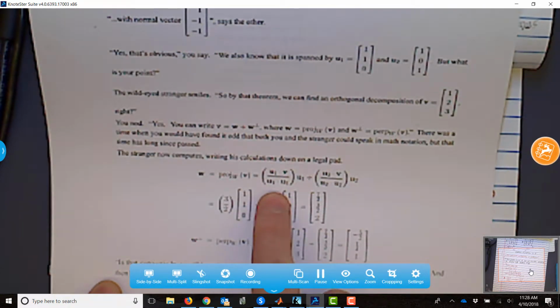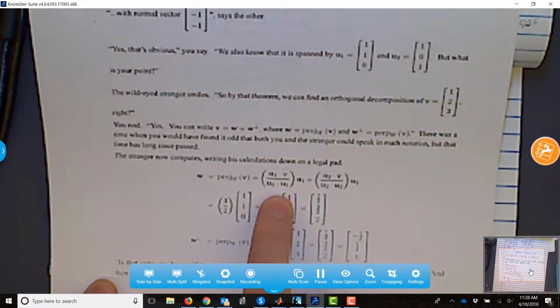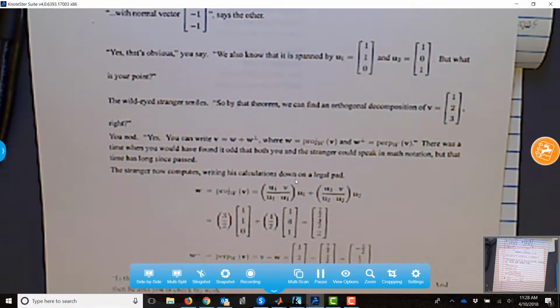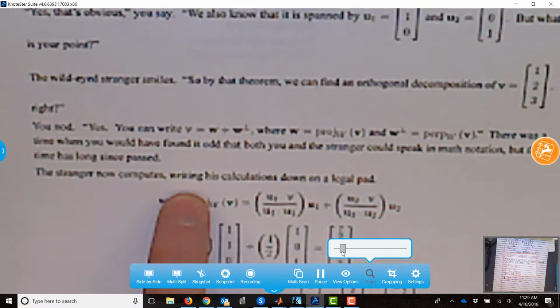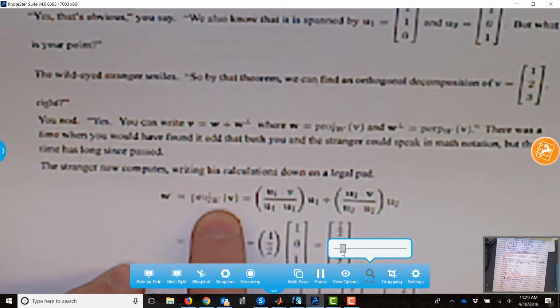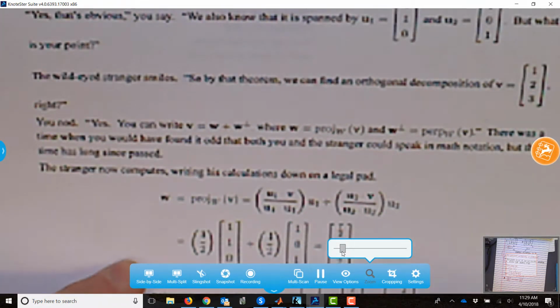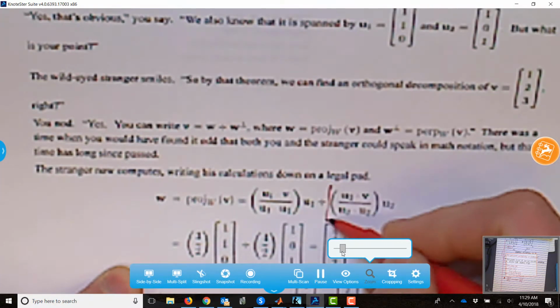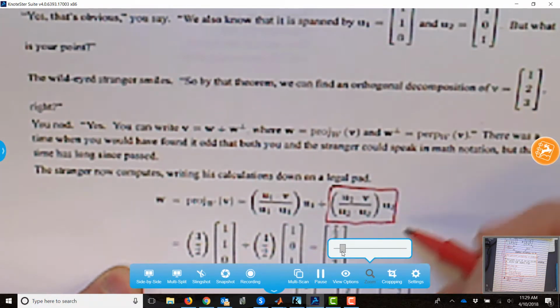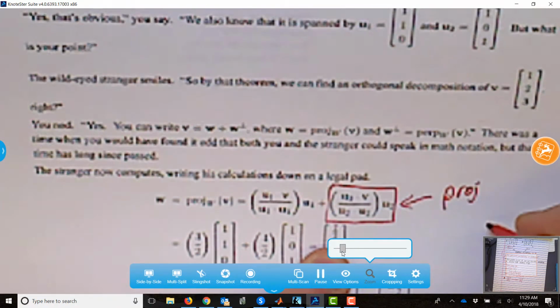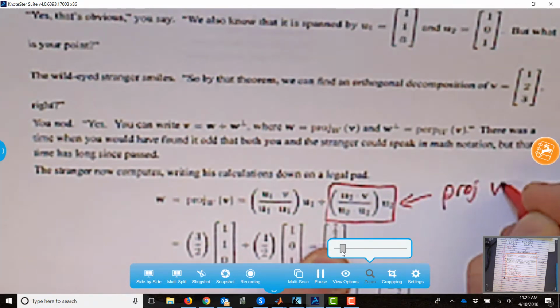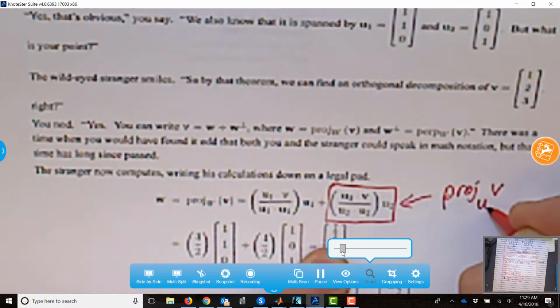And so when you see this notation, the way you read this, guys, is the projection of vector V onto the subspace W. By the way, this whole mess right here, I would say that is the projection of V onto U2.